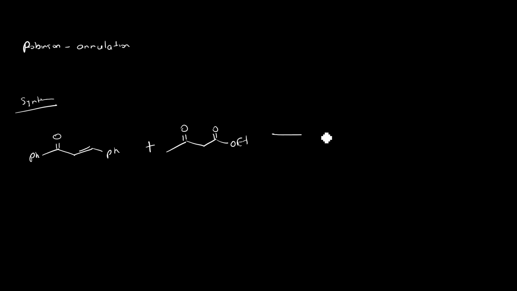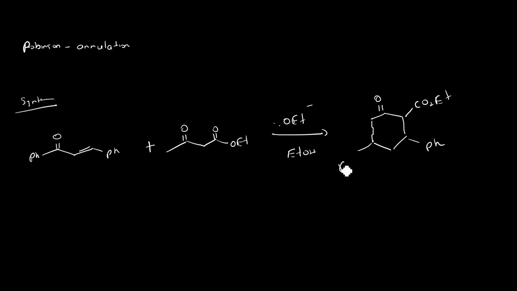When you add in this medium ethanol, EtOH, you can obtain our target molecule. This is a very simple reaction, which we call Robinson annulation. Here we have the Ph, here we have the Ph, here we have a double bond. So this is the reaction.